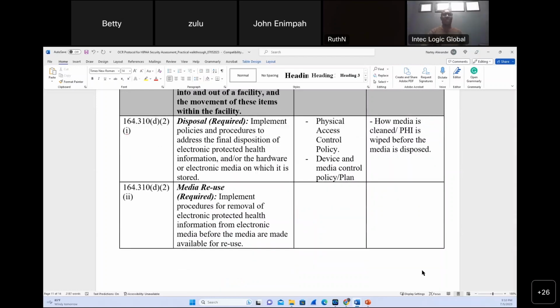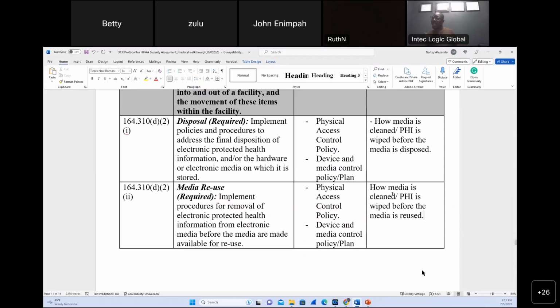What about if you want to reuse it, right? The same policy. You can find this within the same policy. Maybe the hard drive is not spoiled and you want to reuse it. So you want to make sure, it's the same thing. Maybe one computer got broken, but the hard drive is okay.